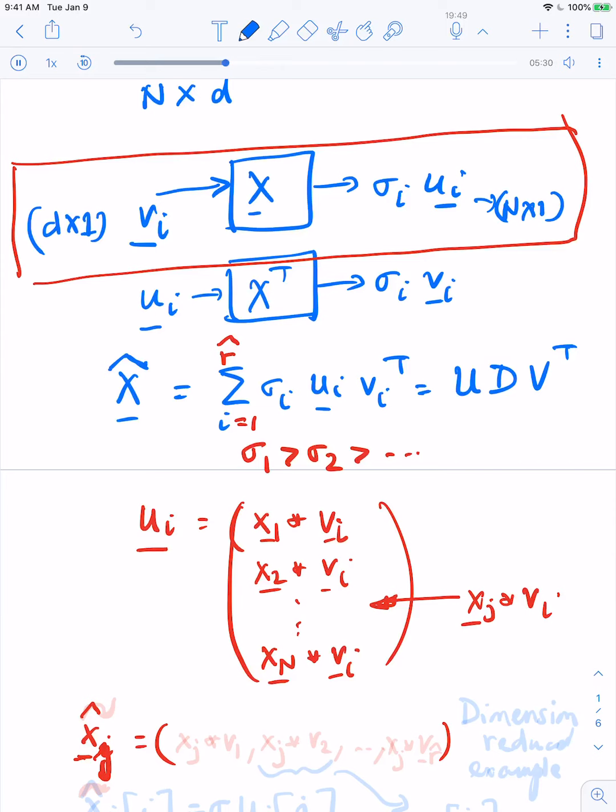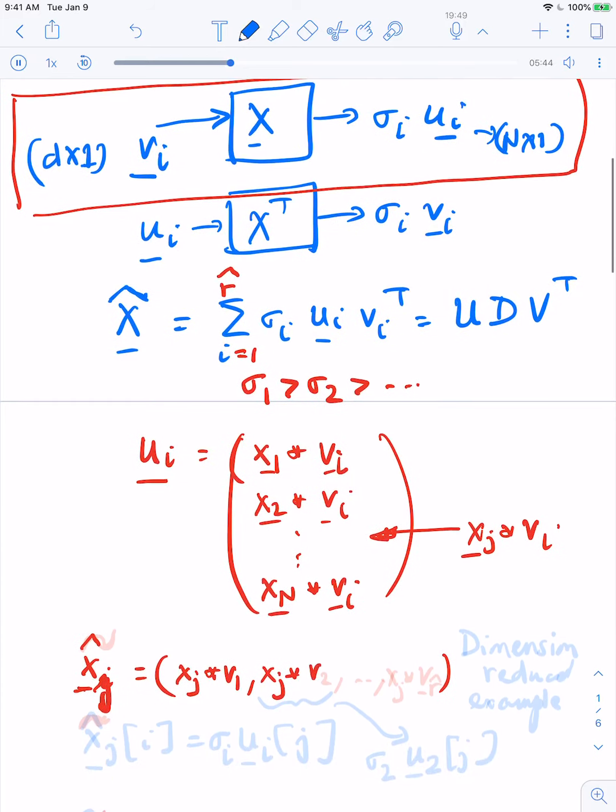So let me write it down properly. The first entry is going to be xj times v1. The second entry is going to be xj times v2, up to however many you decide to take, xj times v r hat.